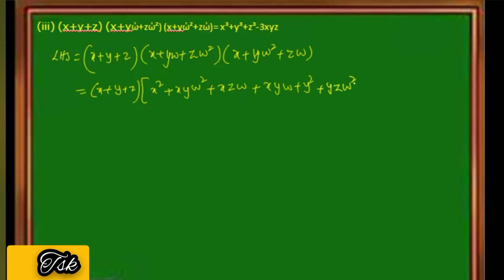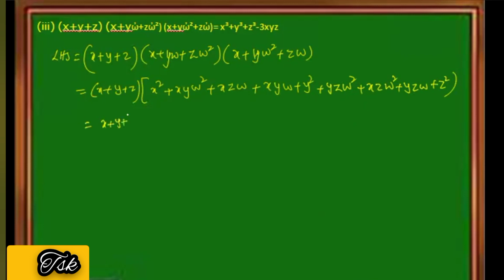Next one is xz omega square, and then yz omega power 4 is omega, yz omega, and then z square into omega cube is 1. Okay, so this is x square plus y square plus z square plus (xy plus yz plus zx)(omega plus omega square).